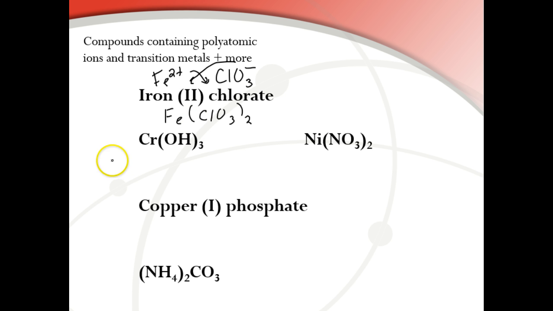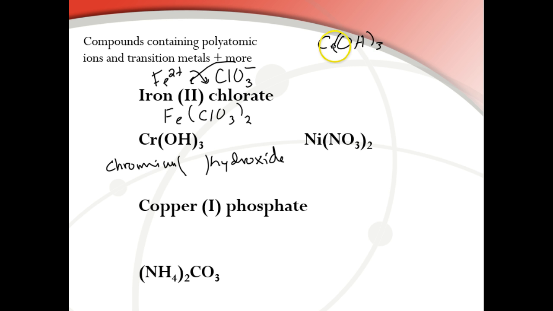What about the names? Well, here we've got chromium, and OH is one you had to remember, and that was hydroxide. Now to figure out the charge, remember we have to have Roman numerals for transition metals. To figure out the charge, we have to do kind of what we did before. I'm just going to rewrite it up here, Cr(OH)3.